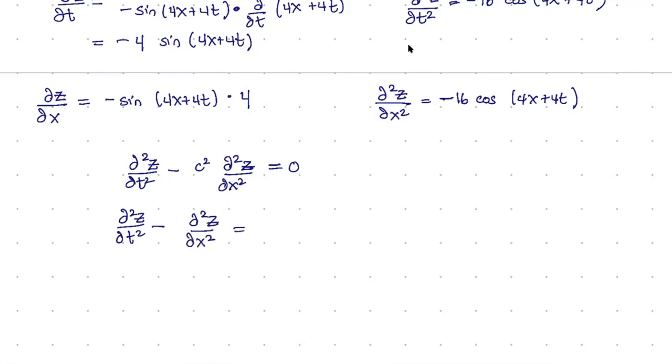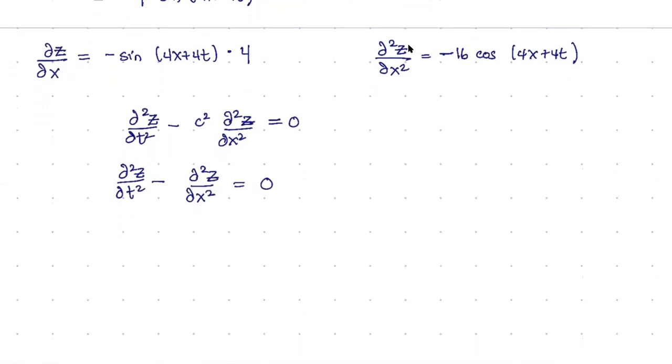Because it's not addition, it's subtraction between the second derivatives. And indeed it is true because they come out to be the same derivative. You would get negative 16 cosine of 4x plus 4t minus negative 16 cosine of 4x plus 4t, which equals 0. And so it does indeed pan out to be a solution to the wave equation.